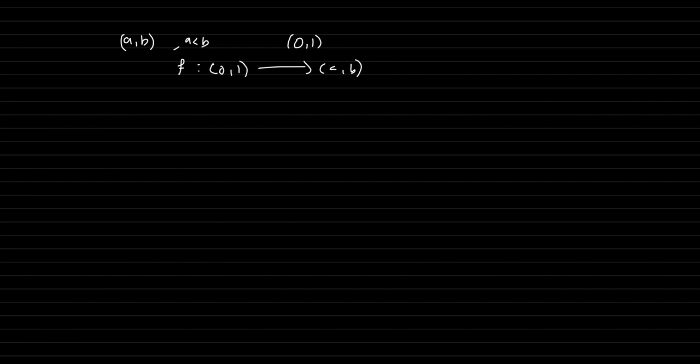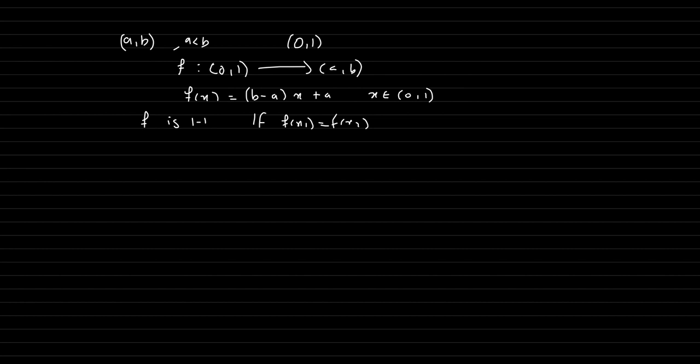For that, consider the function f from (0, 1) to open interval (a, b), which is defined by f of x is equal to (b minus a) times x plus a for all x belongs to open interval (0, 1). When we look at this function, f is 1-1. Why?